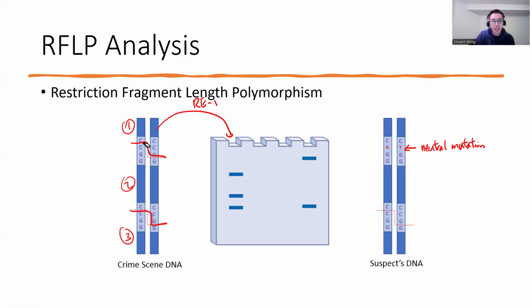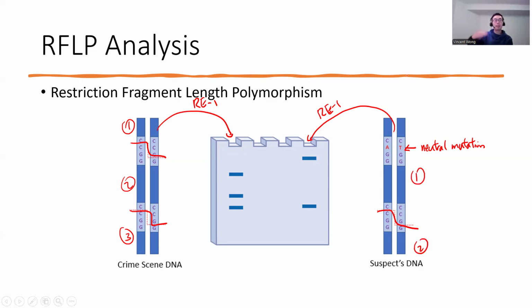So it's no longer CCGG, it's CAGG. If I treat this sample with the same restriction enzyme, it will no longer recognize this as a cutting site. It's not CCGG anymore. So it's going to leave that alone, and it will only cut here. And now you have one fragment and two fragments.